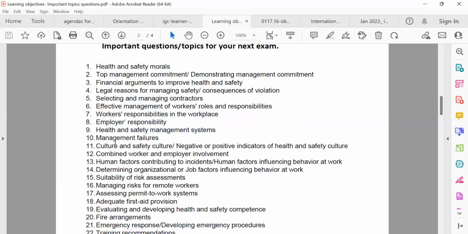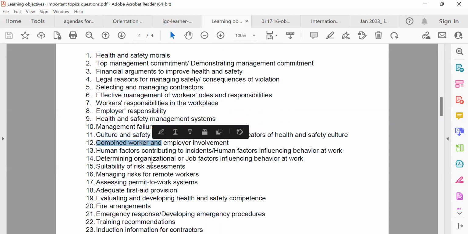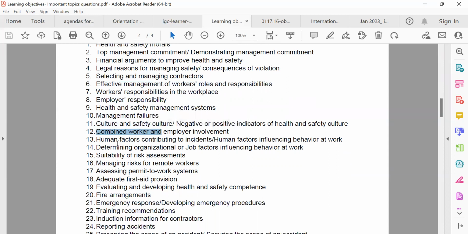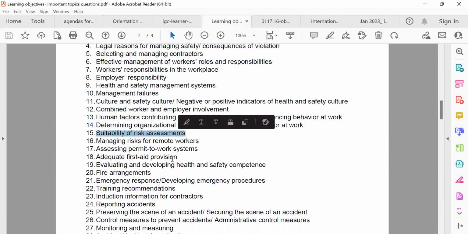Health and safety management system, management failures, safety culture, negative culture indicators, positive culture indicators, combined worker and employer involvement, human factors contributing to the incident, like individual human factors, organizational human factors, job factors, suitability of the risk assessment, whether it is good in terms of preventing accidents or not, that kind of questions may be asked. Comment on the effectiveness of the risk assessment.